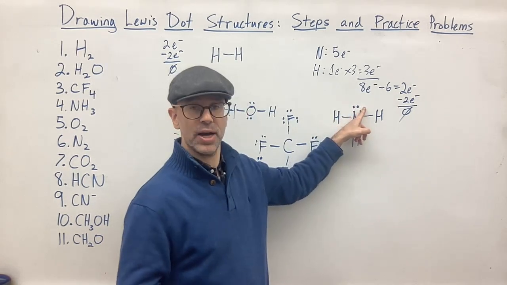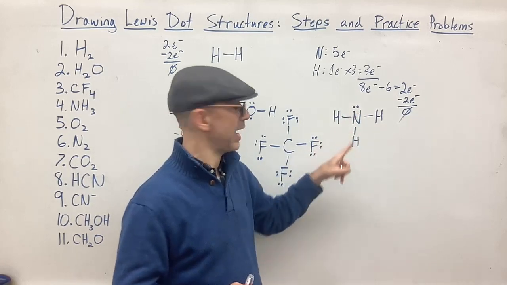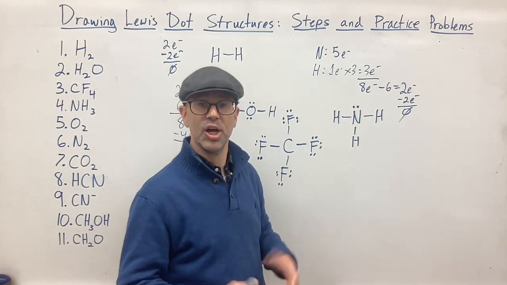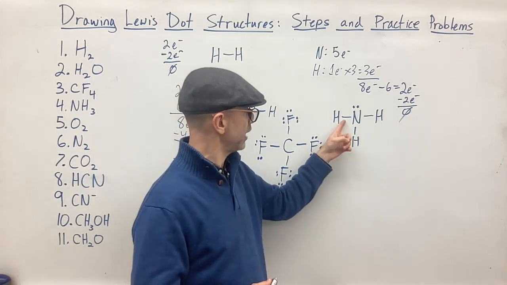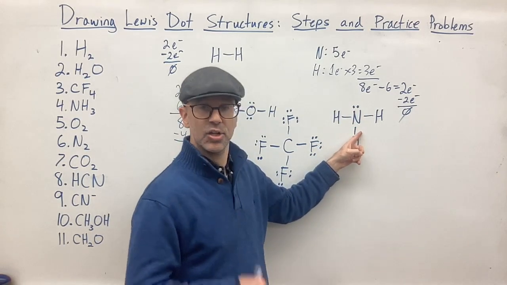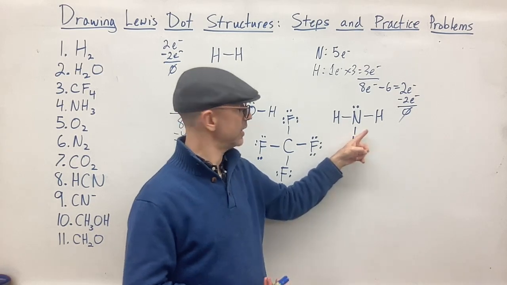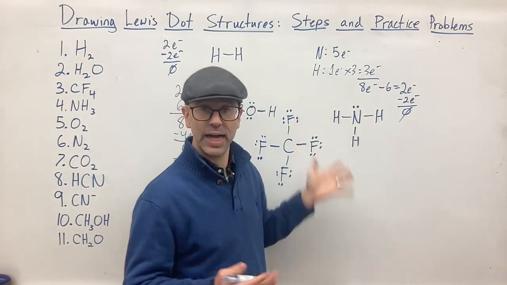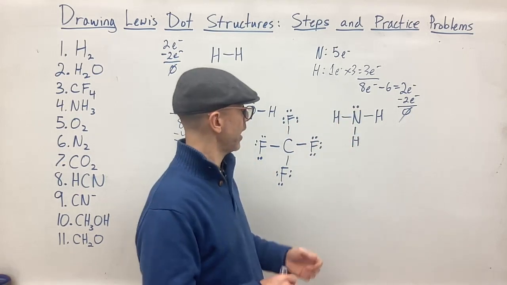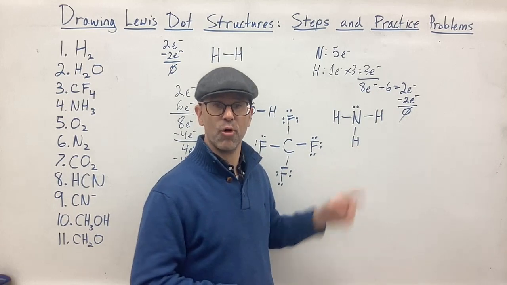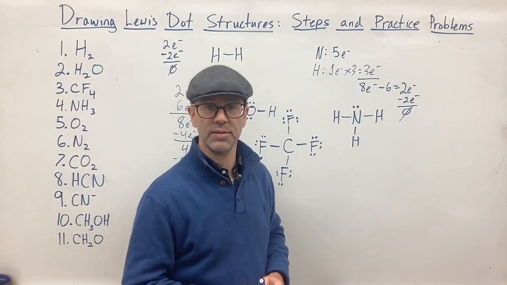And it has a lone pair, so that's another 2, so that has 8. So nitrogen has an octet. It's happy. Also, notice that nitrogen has 3 bonds. The HONC 1, 2, 3, 4 rule. Nitrogen loves to have 3 bonds. It has 3 bonds. So that's another reason why this is okay. So that is our Lewis dot structure for NH3.